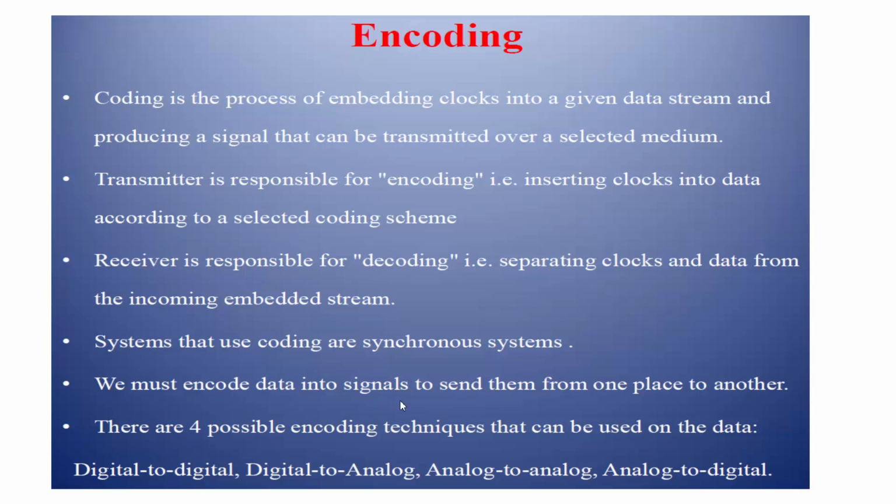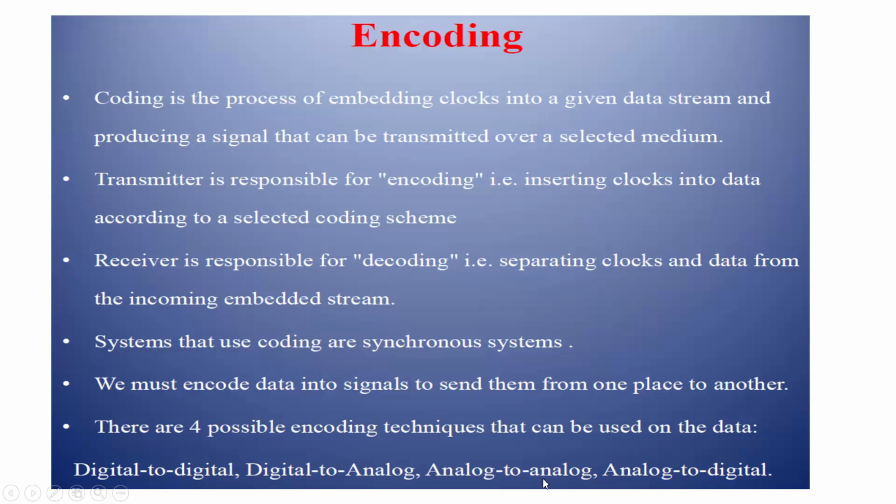We must encode data into signals to send them from one place to another. There are four possible encoding techniques that can be used on data. One is digital to digital encoding, digital to analog encoding, analog to analog encoding, and analog to digital encoding. So I will discuss in detail digital to digital encoding and analog to digital encoding.